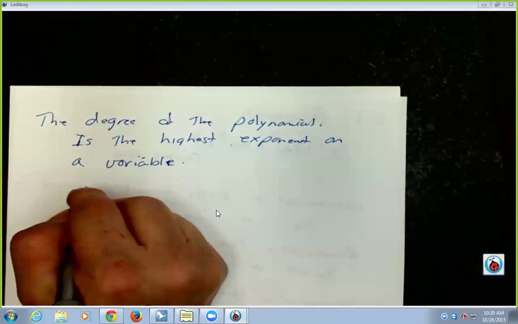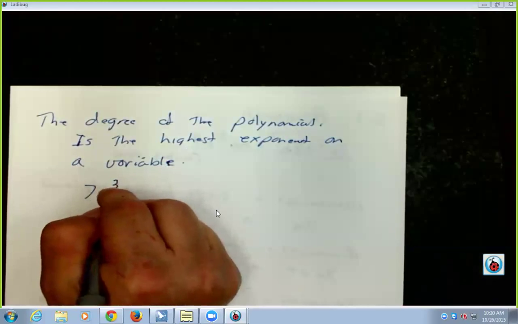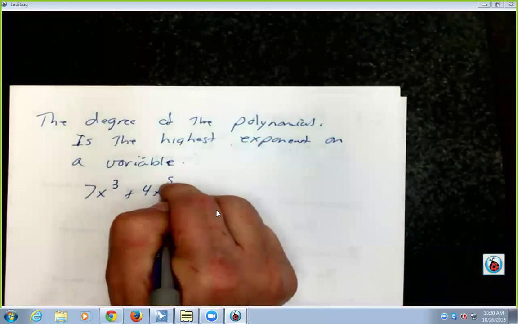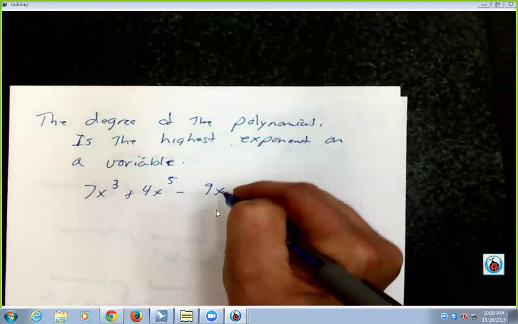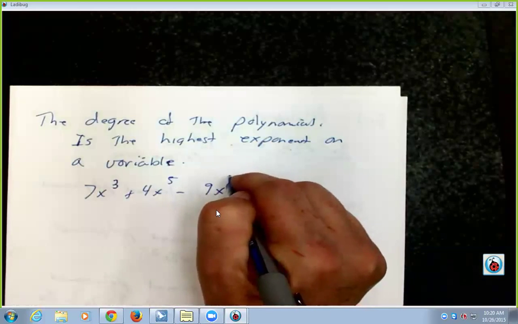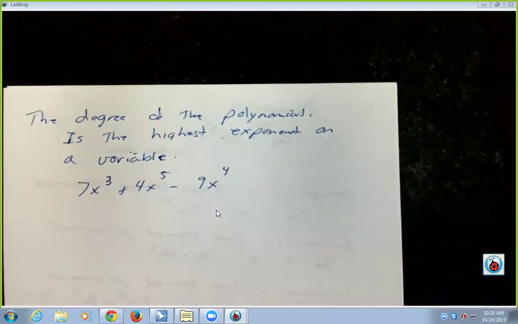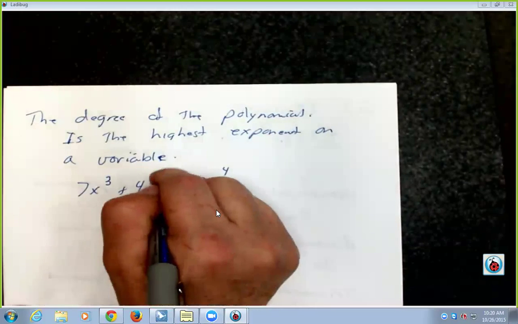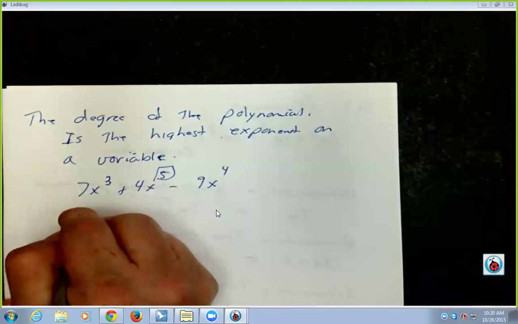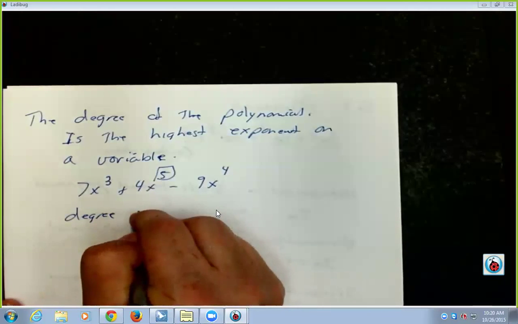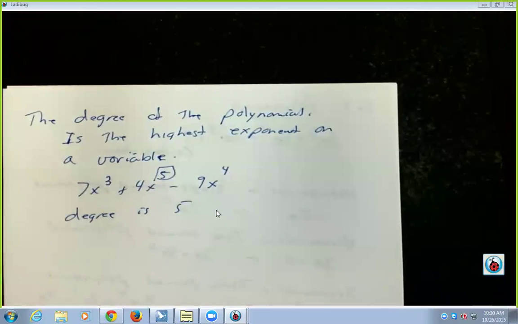So if I had 7x to the 3rd plus 4x to the 5th minus 9x to the 4th, and I look at this thing and I want to find its degree, and it'll say, what is the degree of your polynomial? So the degree of my polynomial is 5. So it's the highest exponent that I happen to have in there.